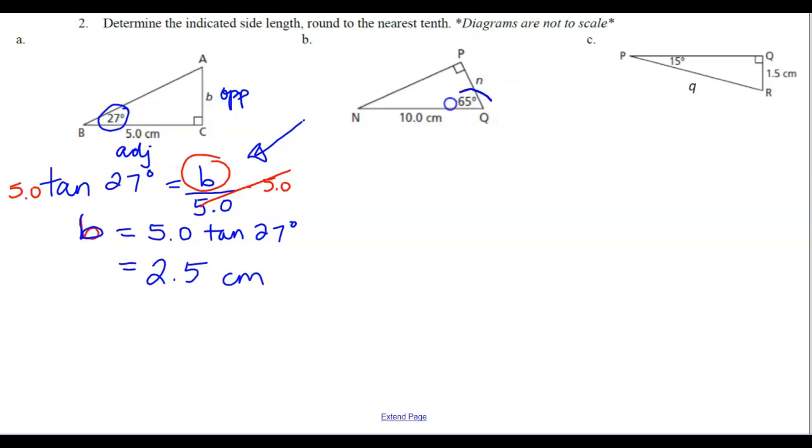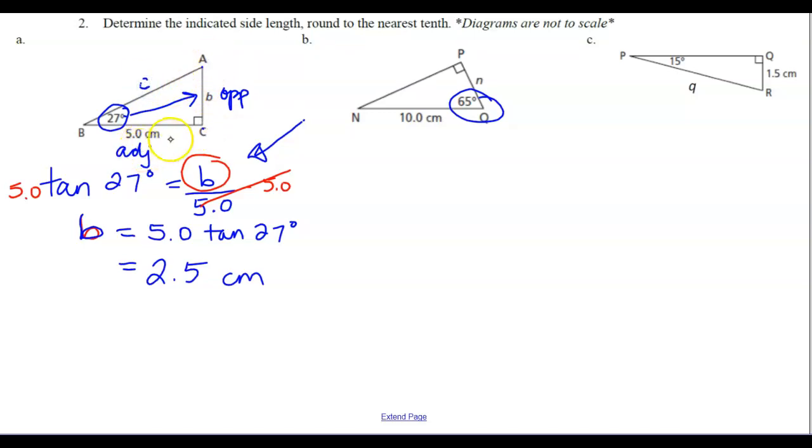Okay, next one, we have angle Q. Notice the labeling. It's really important to know the labeling on a triangle. I think we talked about this, but vertices are capital letters. Sides opposite are lowercase of the same letter. So side opposite angle B is lowercase b. Side opposite capital C, this would be lowercase c.